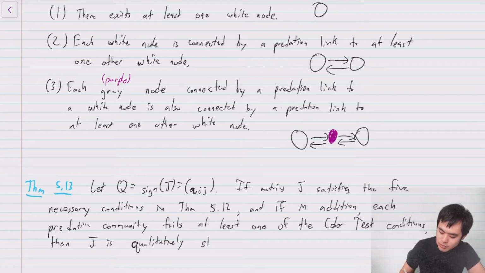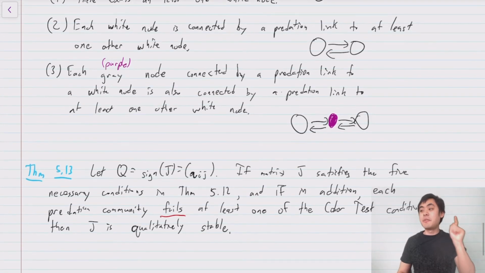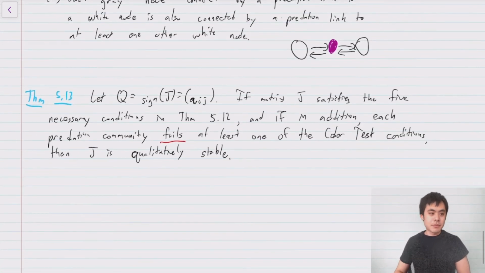Note that this is if it fails. So it has to satisfy the 5 necessary conditions and it has to fail one of the color test conditions.